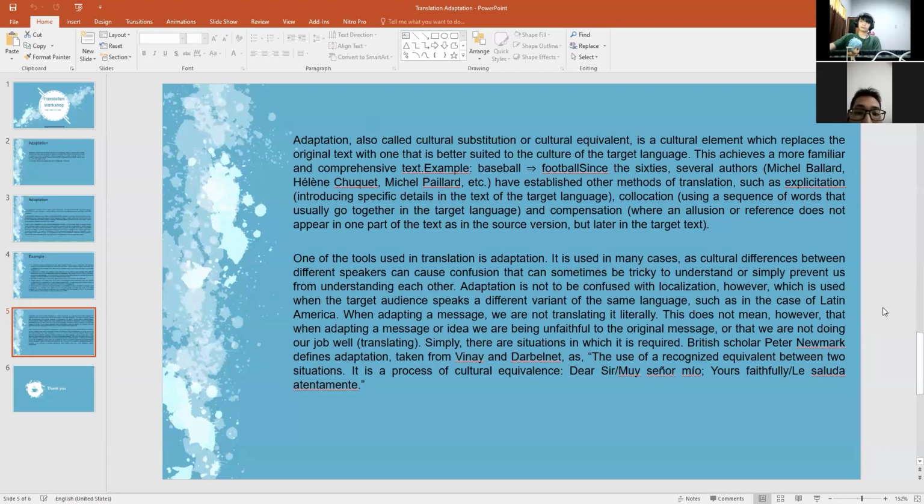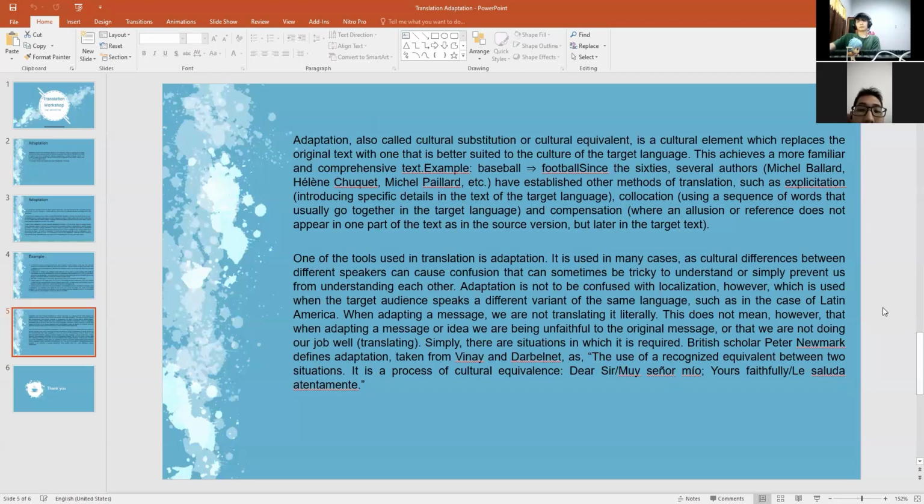Since the 60s, several authors like Michael Ballard, Helen Chukwit, Michael Pylard, and others have established other methods of translation such as explicitation, or introducing specific details in the text of the target language.